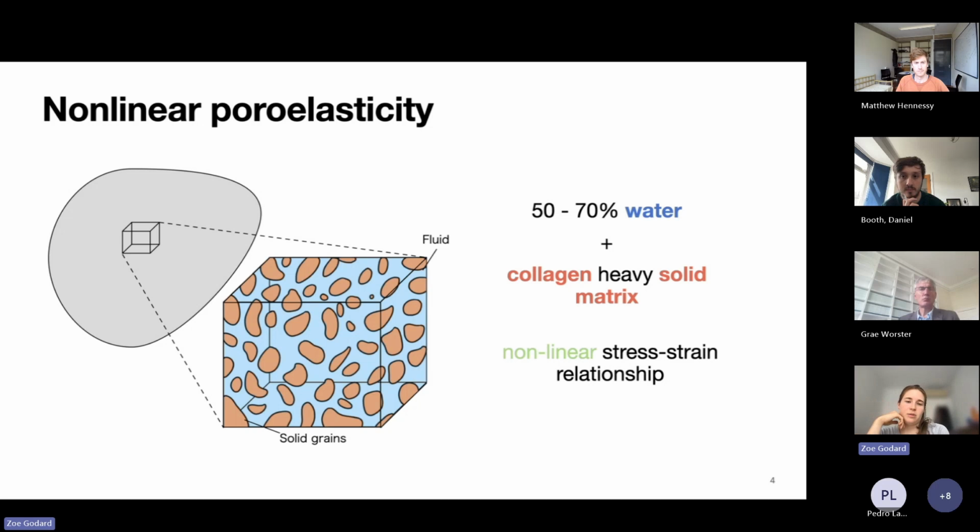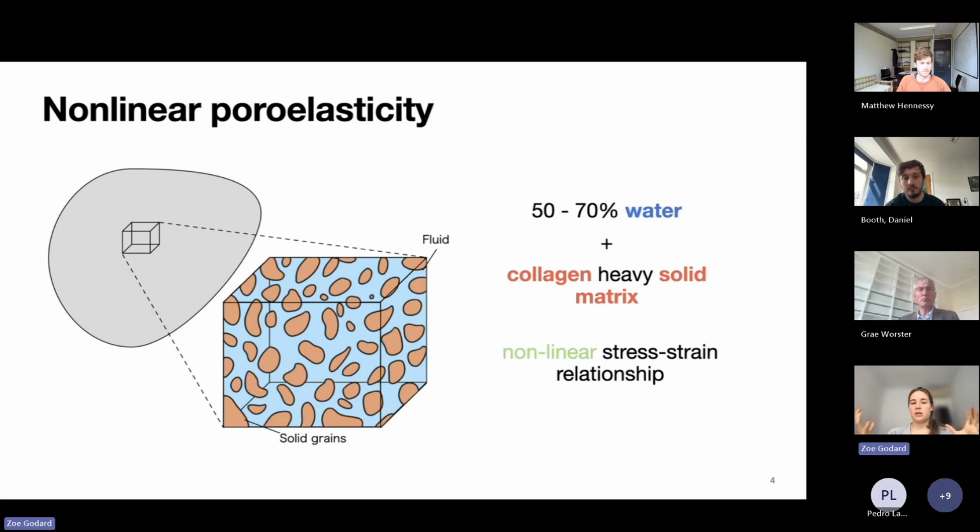So because we are in a gel seminar, I assume you probably already know what a poroelastic material is, but just to briefly introduce it, you've got lots of solid grains which form a solid skeleton, and you've got fluid that fills the pores of this solid skeleton.